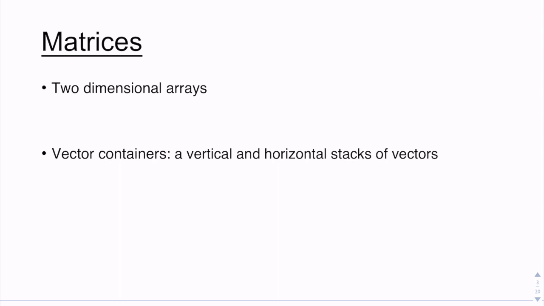Let's say X is an array of arrays, say 1, 2, 3 and 0, 5, 2. This is a matrix, a two-dimensional array. The standard form we use to represent a matrix is a large rectangular bracket or large parentheses.